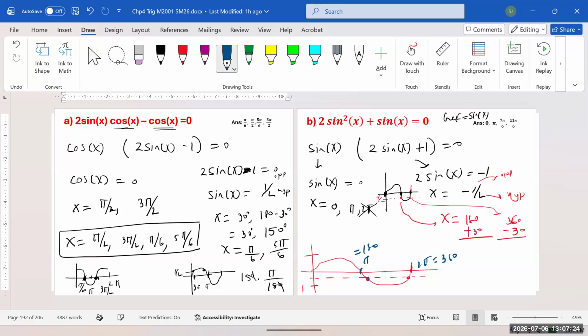So we have one solution, which is 180 plus 30, and another solution, 360 minus 30. So 180 plus 30 is 210, and 360 minus 30 is 330. Now all you need to do is find them in radian mode.